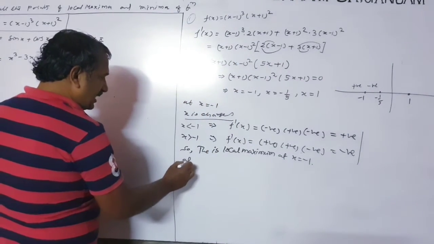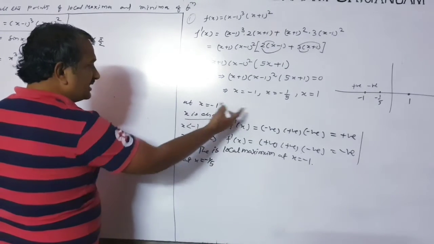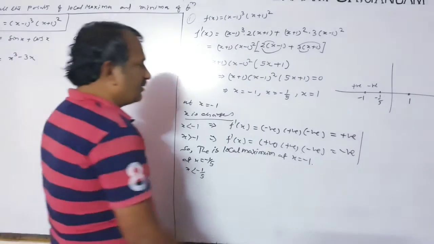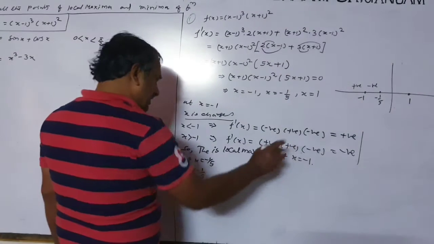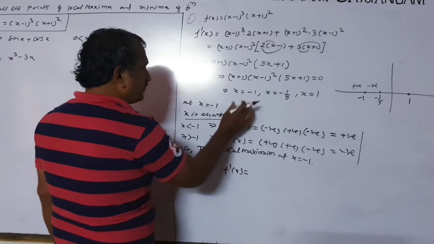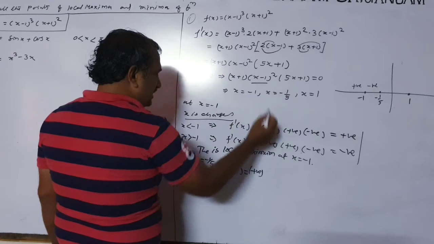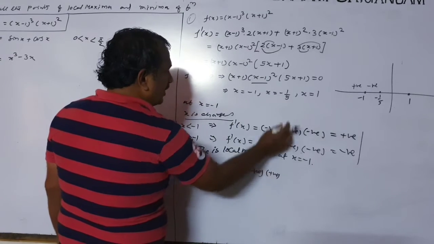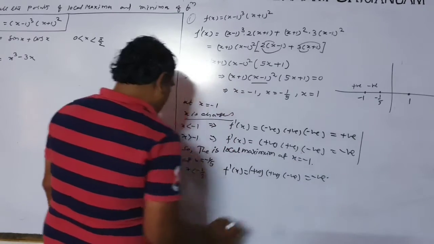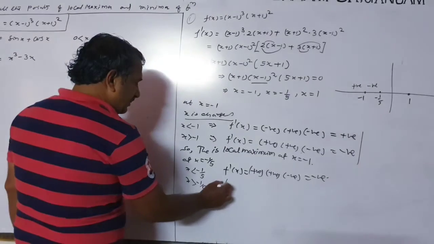Now the second one: let x equal to -1.5. So x is less than -1.5, and f dash x is negative. The square is always positive, and this factor is negative, so the total is negative. Now x is greater than -1.5, so what is f dash x?